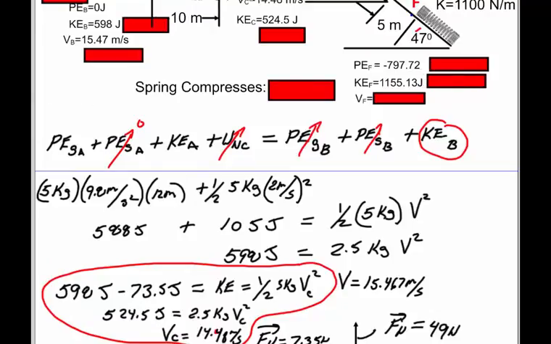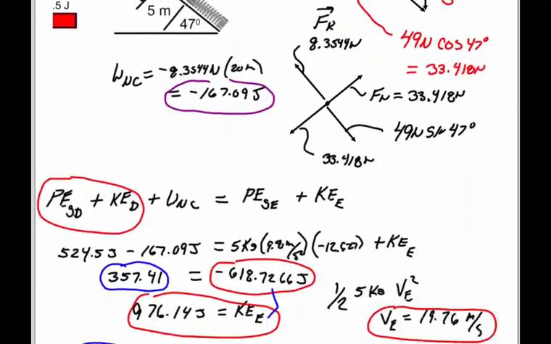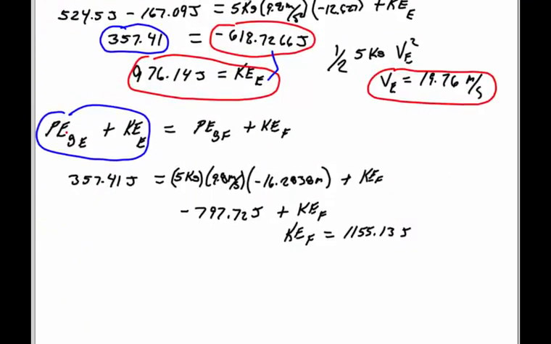So we're right on. Now if I want to find the velocity here, all I have to do is go back and do 1/2 times 5 kilograms times velocity squared at F, set equal to that. So we take 1155.13 times 2, divide it by 5, and take the square root of that number. That's going to give me a velocity at F of 21.50 meters per second.